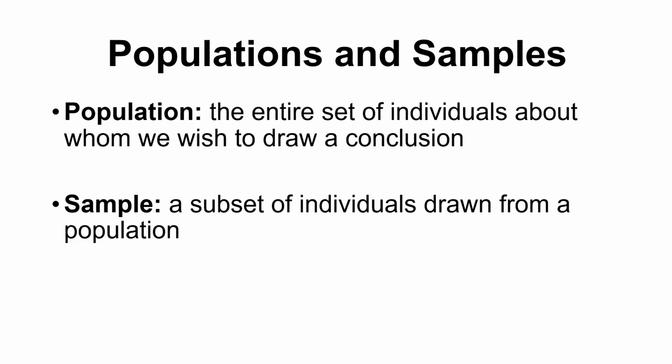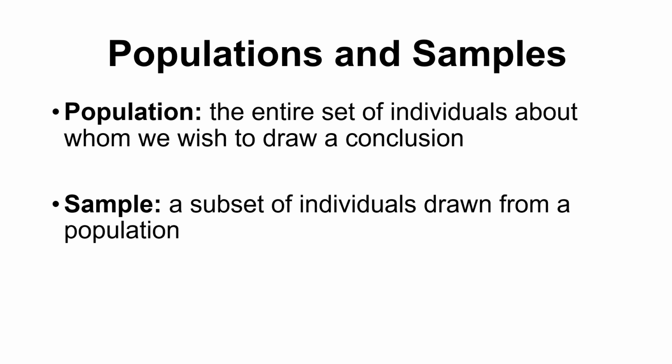Some other important things to consider is who you're doing research on. So we might want to differentiate between a population and a sample. So a population is the entire set of individuals that you want to draw a conclusion about. So if you want to know about how humankind's brains work, you want to know something about memory, the population is all humans.